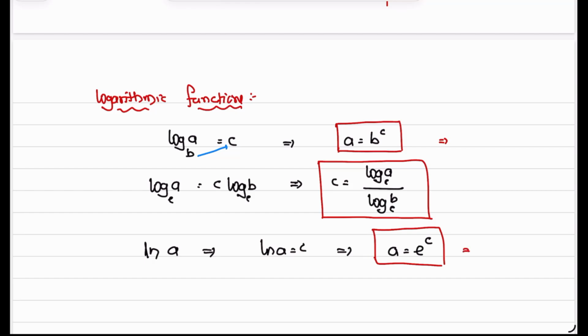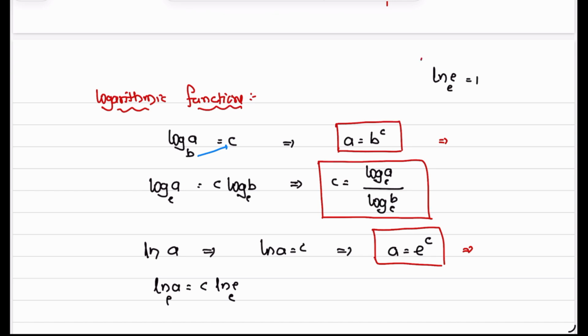That implies, similarly, by taking log on both sides, you just see ln A is equal to C into ln e to the base e. This is also base e. When I take the same base on both sides, what is the value of logarithm e to the base e? It is equal to 1.